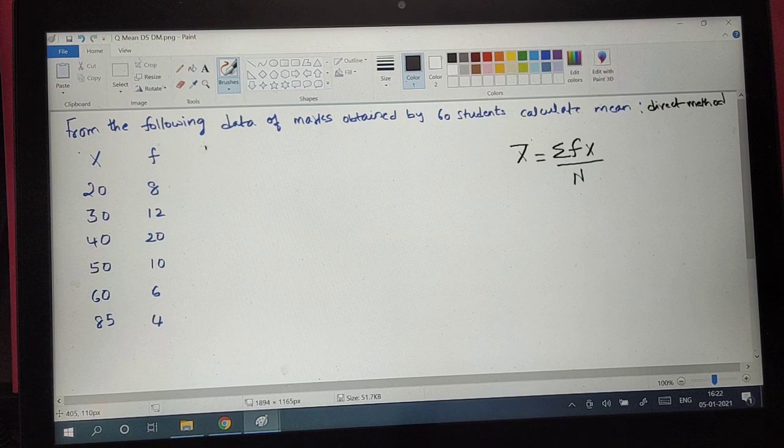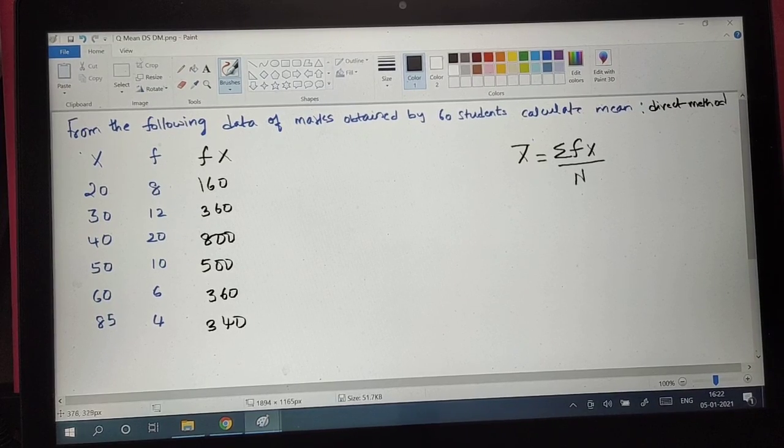Now, to apply the direct method formula, we are going to multiply both of these values and write down the multiplied values. Let me make the calculation. Here I have done the calculations. In the column where I'm making totals, the frequency column total will be denoted as n, where n equal to 60, and the sum of the fx column will be 2520.